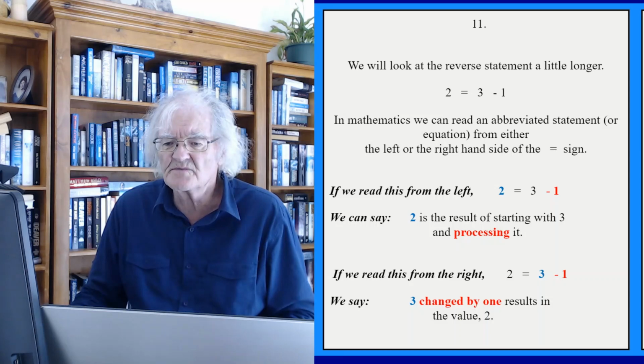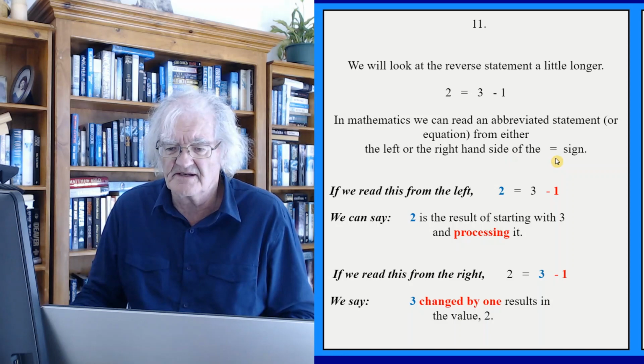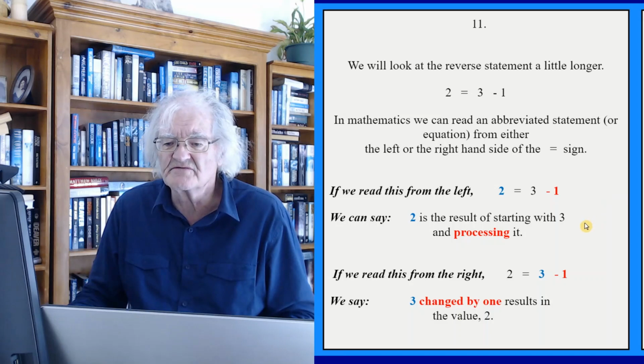In mathematics, we can read an abbreviated statement or equation from either the left or right-hand side of the equal sign. If we read this from the left, 2 is 3 minus 1. And we can say 2 is the result of starting with 3 and processing it.